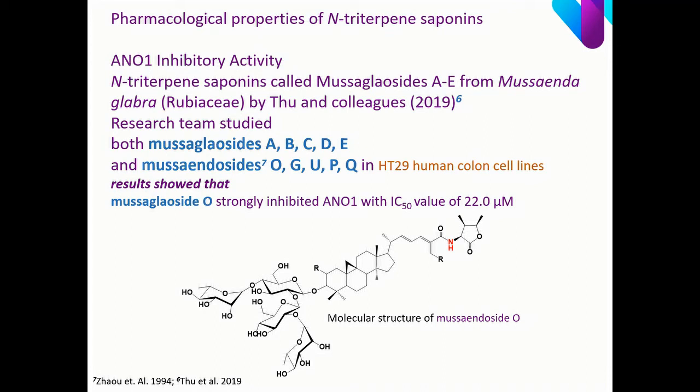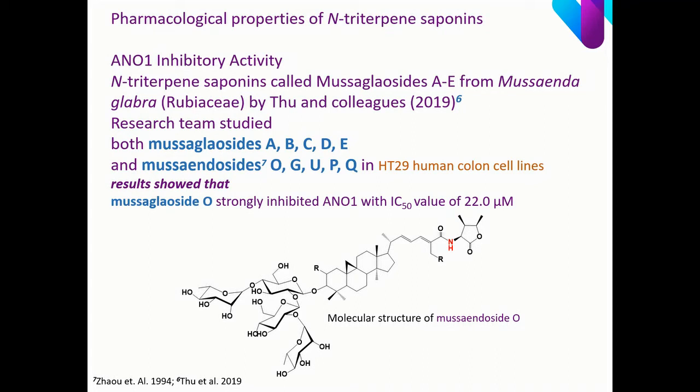Nitrogen triterpene saponin compounds called mucoglaucosides A, B, C, D, and E, which are 5 nitrogen containing triterpene compounds from Mussaenda glabra, which is a Rubiaceae member.